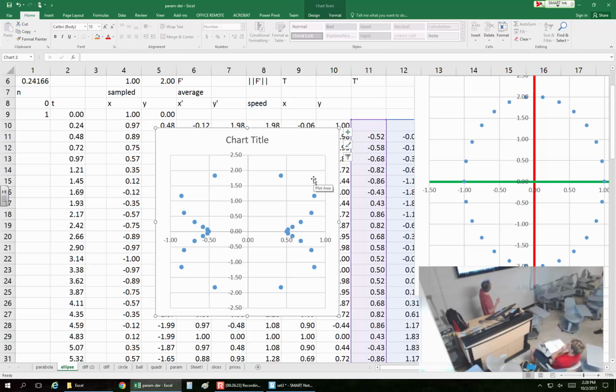This is not the unit tangent vector. The unit tangent vector will be, again, some kind of an ellipse. So it's supposed to be the direction at which the unit tangent vector is changing.